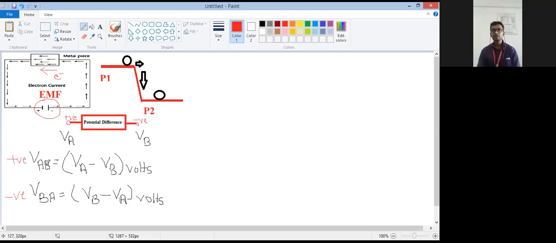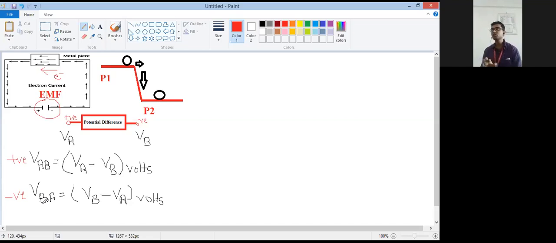It means if VAB is positive, it says that current will go from point A to B. And here VBA is negative. VBA, BA, I'm not saying AB, I'm saying BA, VBA is negative. So obviously VBA being negative means the current is going from A to B, not B to A. Because BA is negative, so AB will be positive.